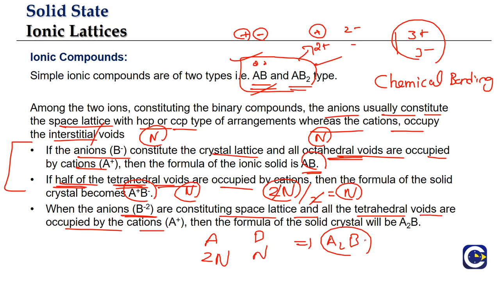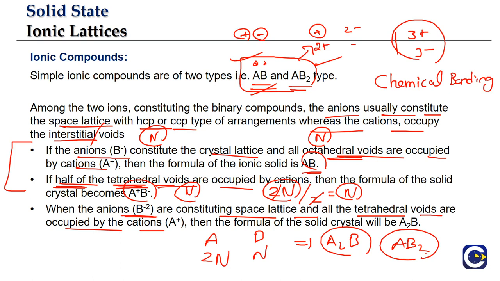And if it is the reverse, means if the cations are forming the lattice and anions are occupying all the tetrahedral voids, then instead of A2B, we will be having AB2 type of formula. So when we say that anions will form the lattice, this is on a broader level, but we can also have examples where the cations might form the lattice and anions might go and occupy the voids.